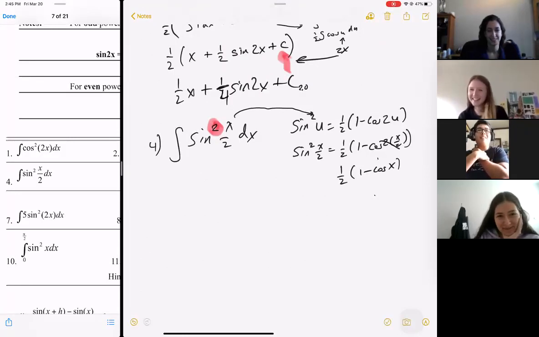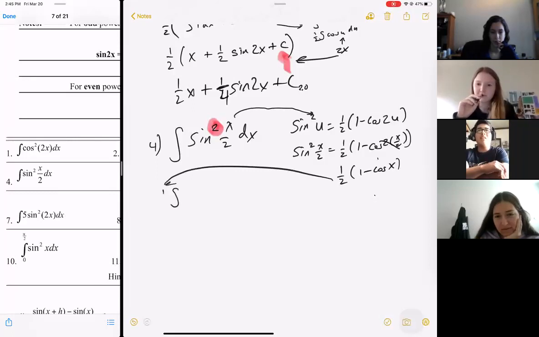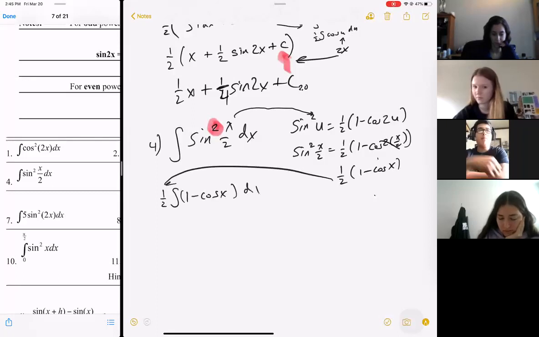Okay, so changing it, this becomes parentheses. I'm going to save myself some time and throw the 1/2 out because that's a constant: 1/2 times (1 minus cosine of x). It turns out this problem is a lot easier. We can take the integral of 1 simply, and we know the integral of cosine is sine.